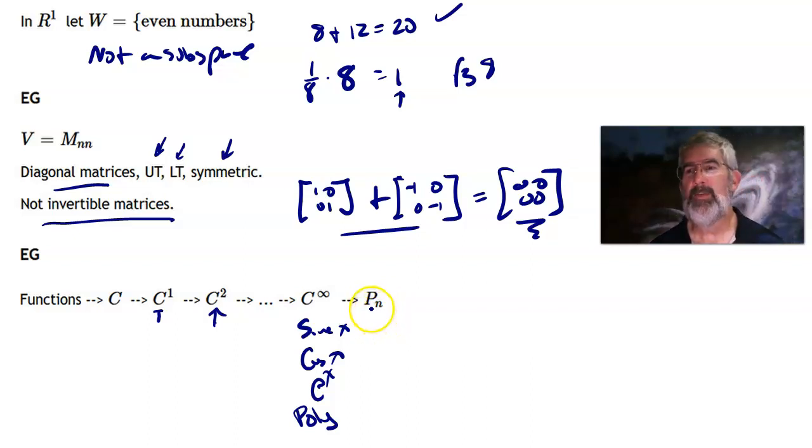They are a subspace of C infinity, which is a subspace all the way down the line here. Okay? So there's this whole nest of spaces of functions that are subspaces of other spaces. So there's a bunch of examples of subspaces for you.